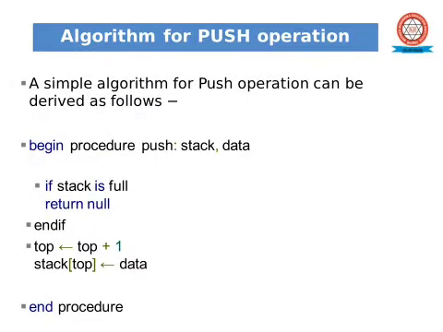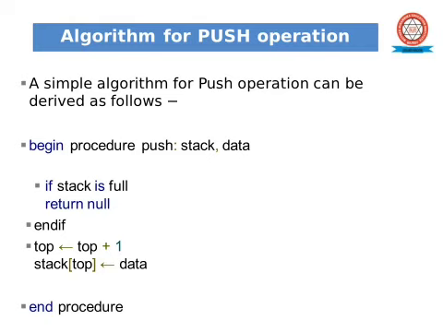Algorithm for push operation. What is algorithm? Algorithm is a step-by-step procedure to solve a particular function. A simple algorithm for push operation can be derived as follows. So the algorithm starts with begin procedure push. If stack is full, then return null.